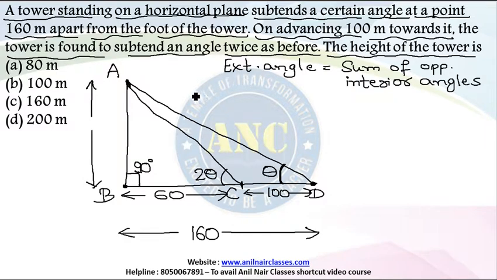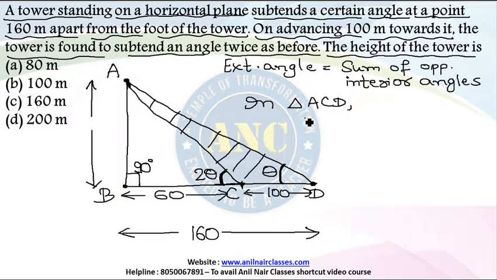Now if I take this particular triangle ACD, in triangle ACD, can I say that the exterior angle for this triangle is nothing but this outside angle 2 theta? This is the angle which is outside of the triangle. So the exterior angle is 2 theta.